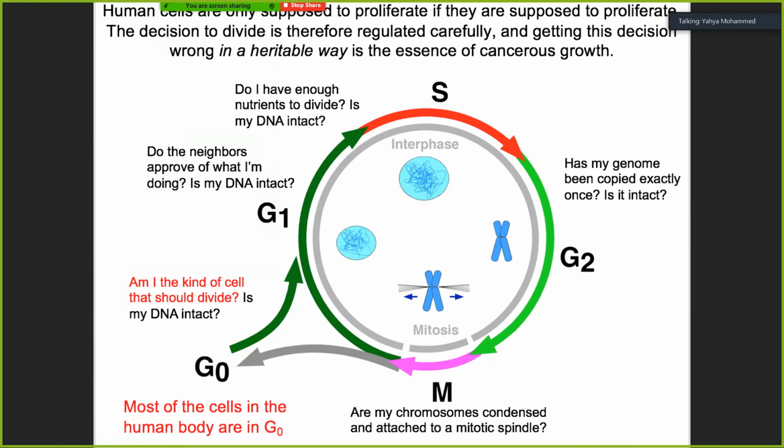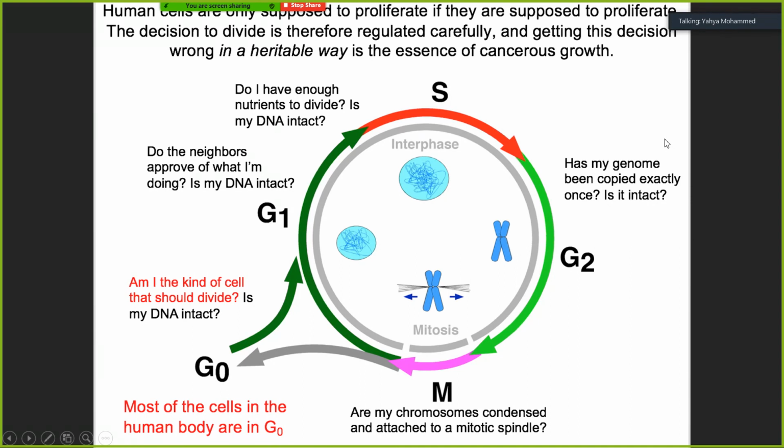So this is just to give you a couple of pictures about how the cells go throughout this cycle, right? For example, let's suppose they go from G1 to S to G2 to M. At certain points, there are certain checkpoints, right?